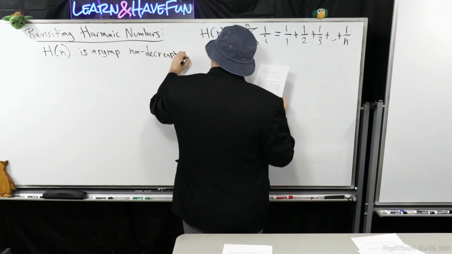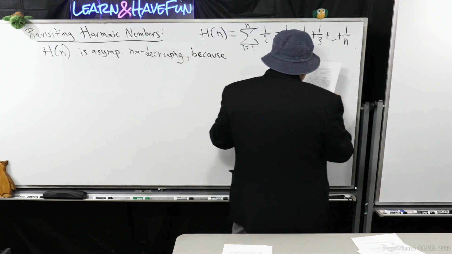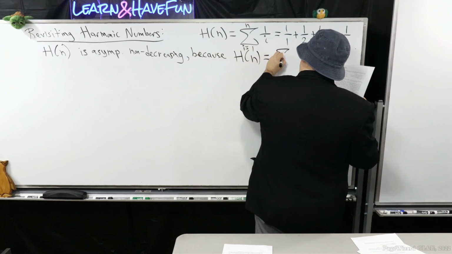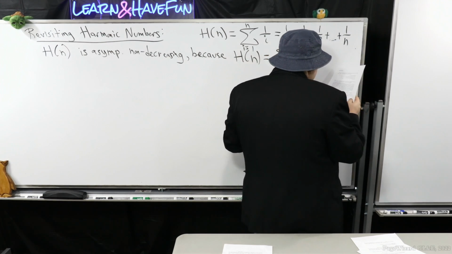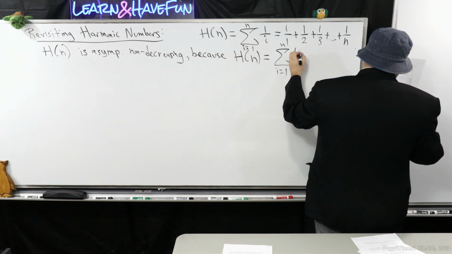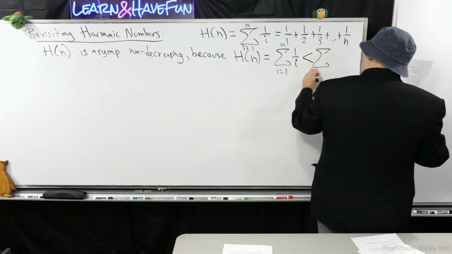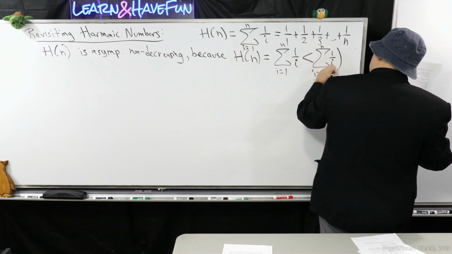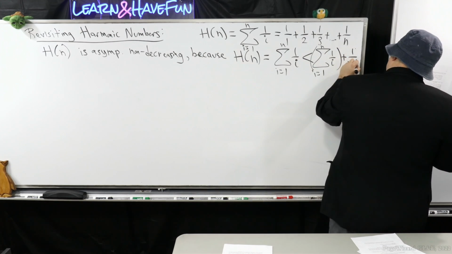It's asymptotically non-decreasing because of the following. I'm just going to write out the definition again. The sum from i equals 1 to n of 1 over i is going to be strictly less than the sum from i equals 1 to n of 1 over i plus 1 over n plus 1.